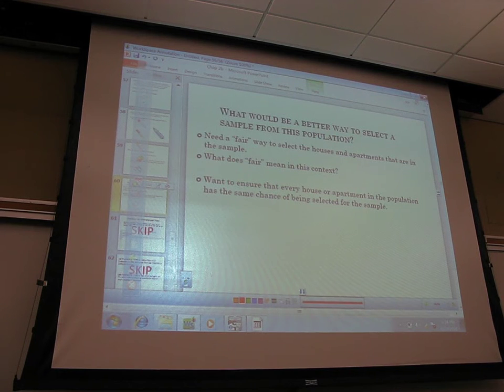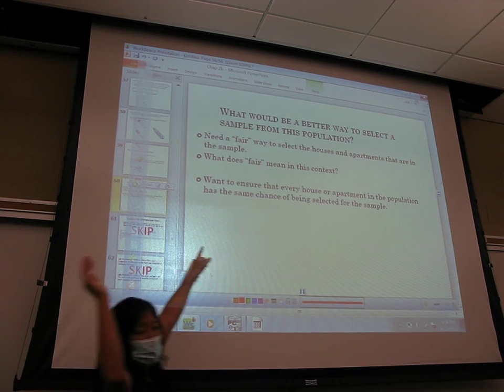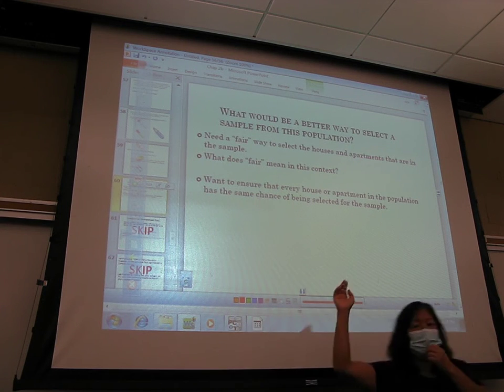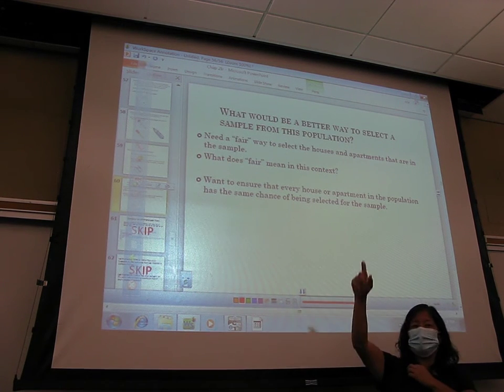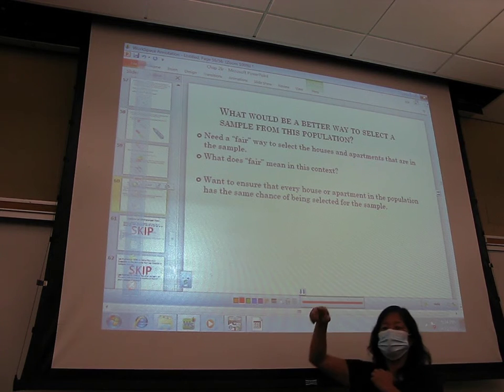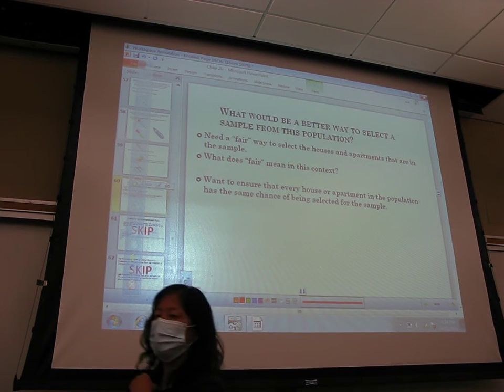Any ideas? How can we ensure that every house has an equally likely chance of being selected? Yeah, they're all numbered, so you could just put them in a random number generator.